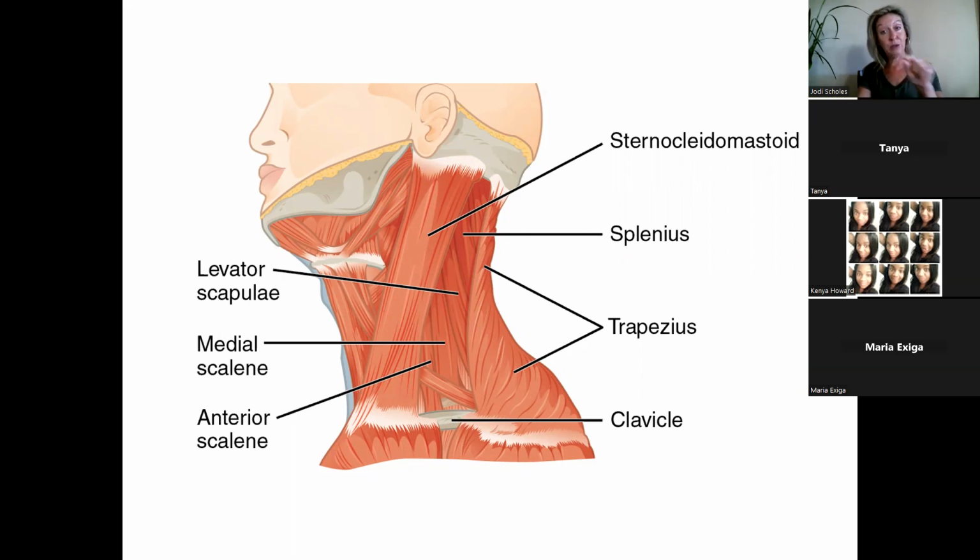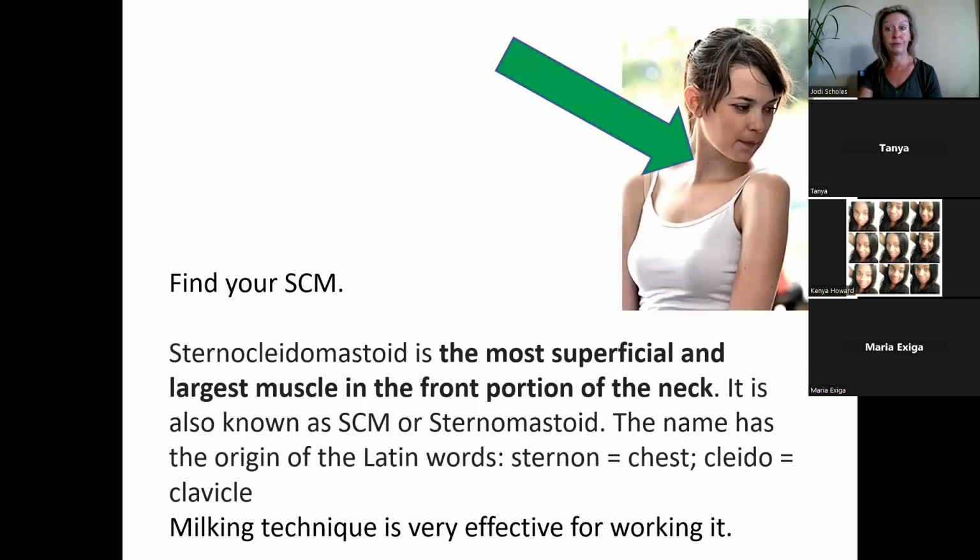Again, client assessment, reassessment, and treatment planning, that would be a type of question you might get. If you're working a lot on the traps and the occiput, remember we're going to balance by working the anterior and the posterior. Here's another example of that SCM right here.